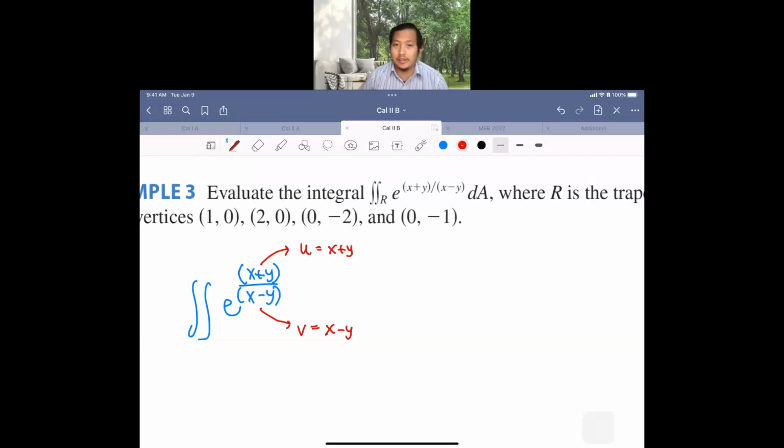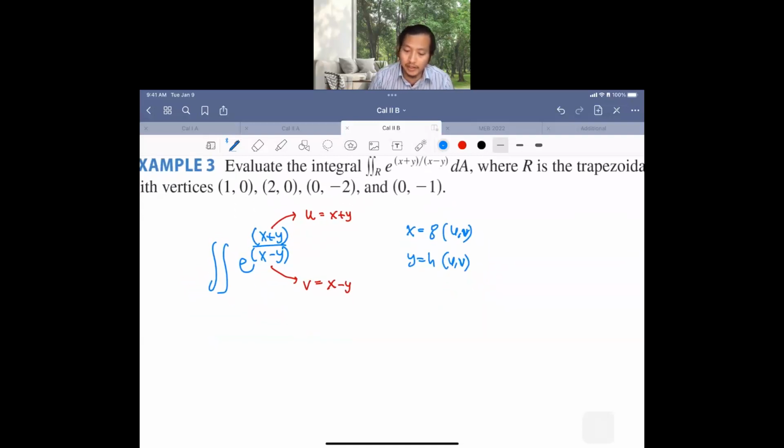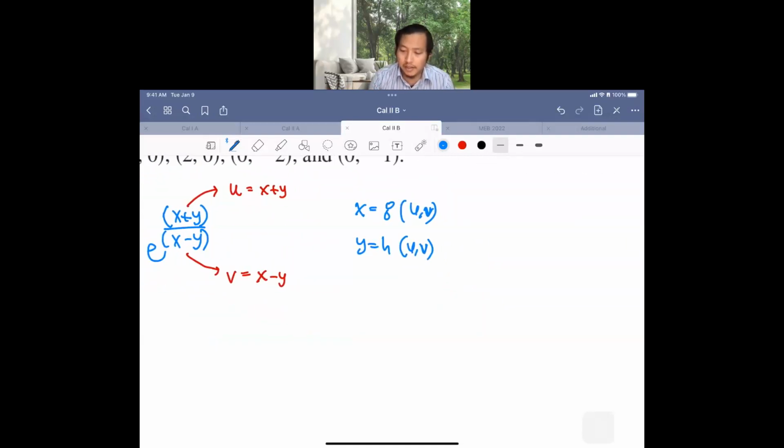So if we exchange x plus y and x minus y into u and v, then we might have a chance to integrate. So what we are doing next is we need to solve this linear equation u and v in terms of x and y. So we need to write x as a function of u and v and y as a function of u and v. This is our goal, and then later we can do the Jacobian transformation.